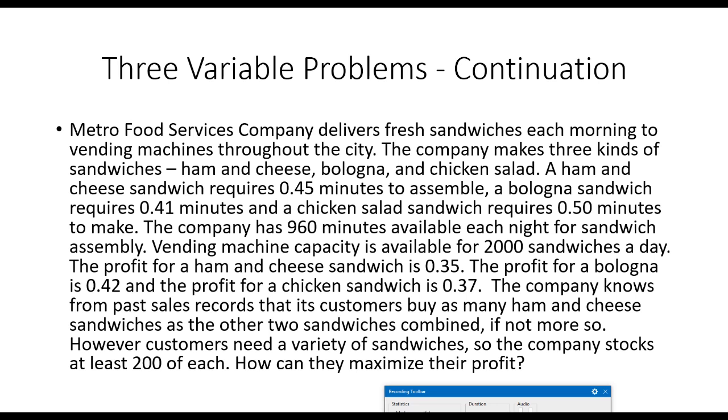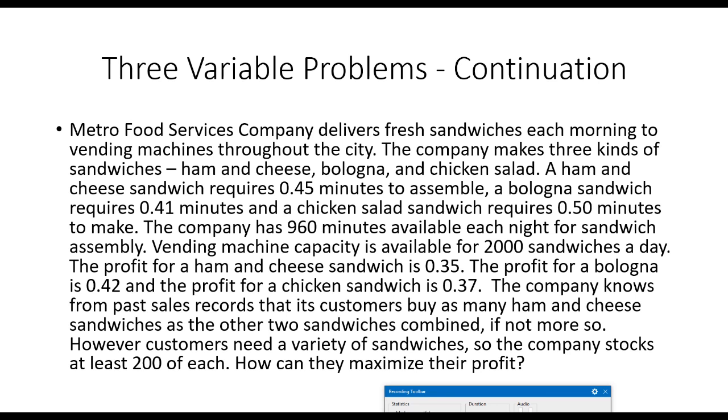Finally, the company knows that they buy as many ham and cheese as the other two combined, if not more so. So this will be x1 is greater than or equal to x2 plus x3. But we can't enter that in the computer effectively. So we're going to change it to x1 minus x2 minus x3 is greater than or equal to 0.